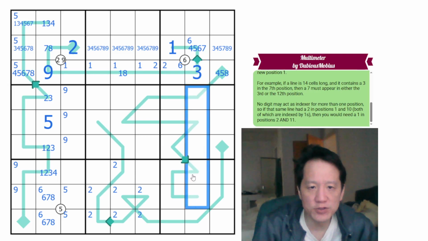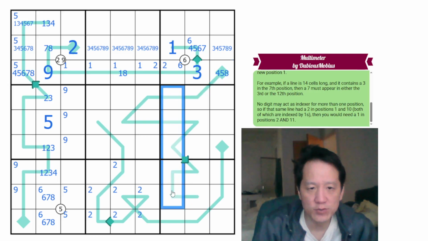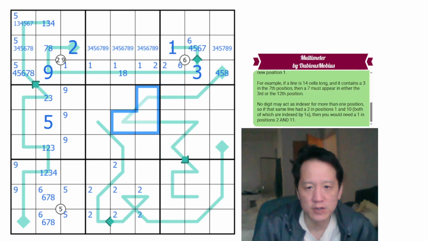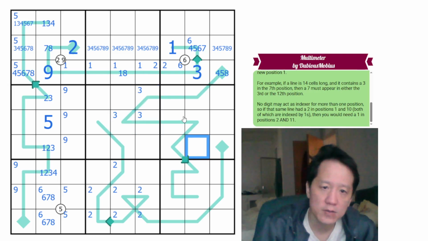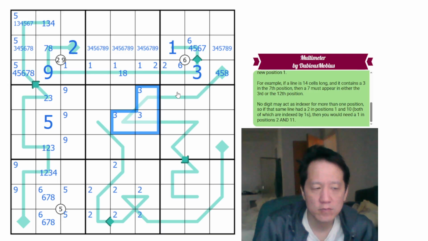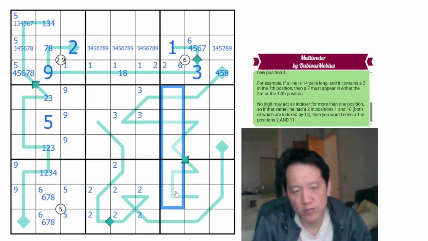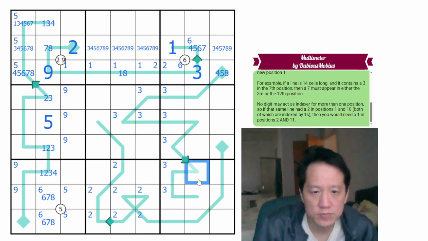Okay, so none of these could be 3. This can't be 3. Only one of these digits can be a 3. Therefore, one of these has to be a 3 here. So 3 can be in the 4th position, the 5th position, or the 6th position. And then we have a 3 in one of these positions, right? This is the 3rd position, which is fine by itself. So 3, 4, 5, 6, 7, 9.